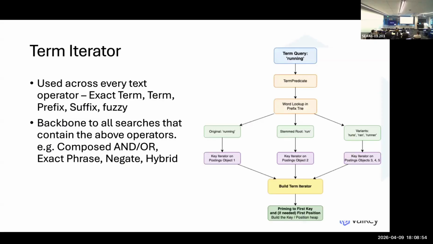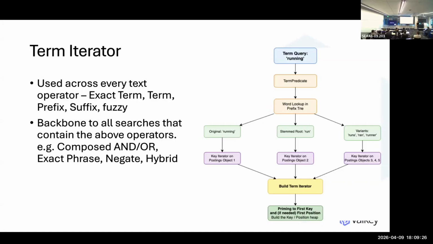So this is getting more into what makes the search possible. We have the term iterator, which is pretty much the backbone to all the text searches. If your query syntax tree contains text, a single word like running, we handle this predicate by generating a term iterator, and this iterator is used across all kinds of operators.